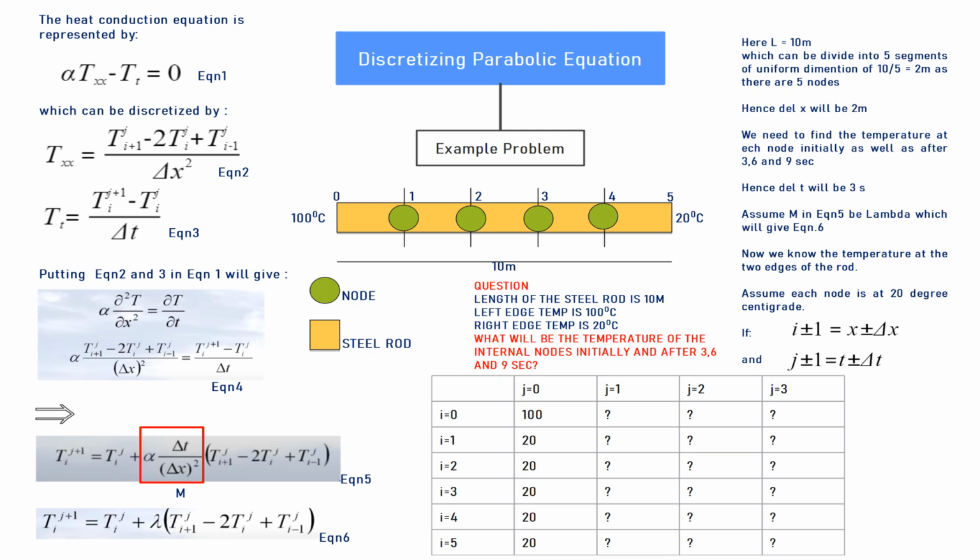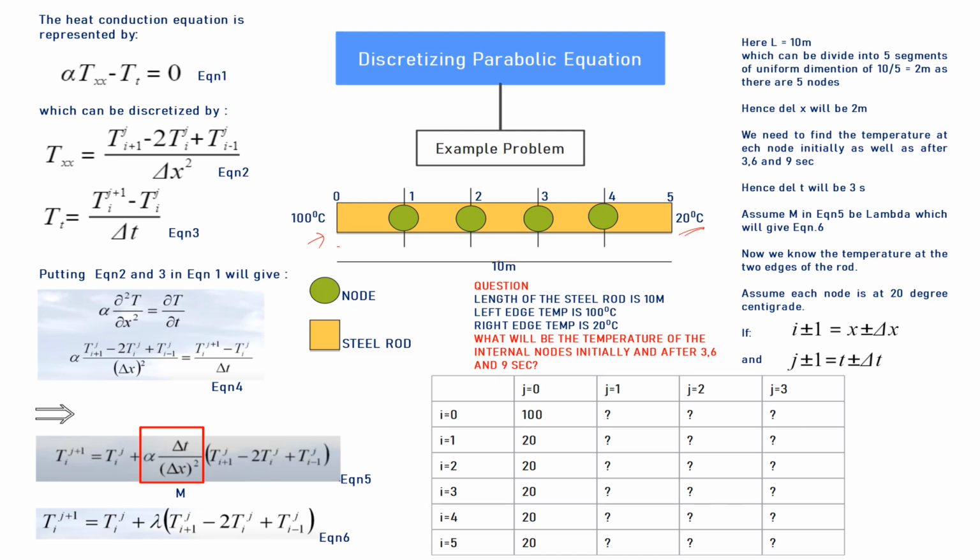So this is what we want to know for that steel rod and its nodes. Overall, this is the problem. This is the rod. I have applied some temperature, 100 degrees centigrade here, and on this side the temperature is 20 degrees centigrade. So the heat will flow from this side to this side, right? Earlier I discussed an 8-meter length of rod, so let us say this is a 10-meter length.